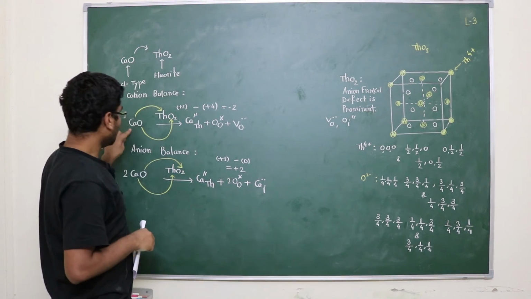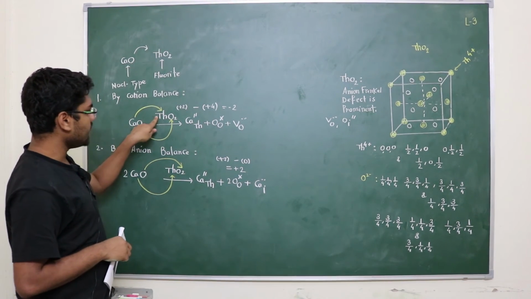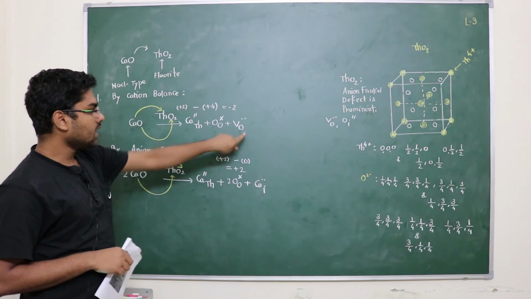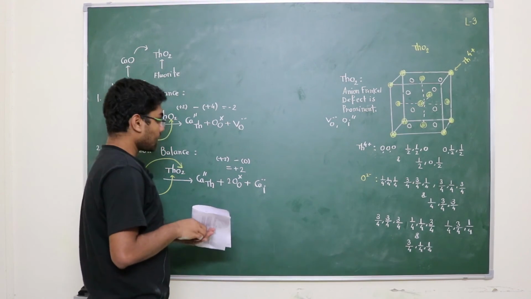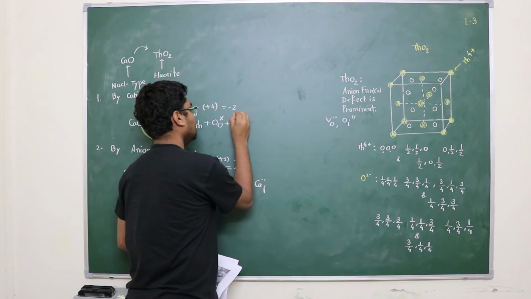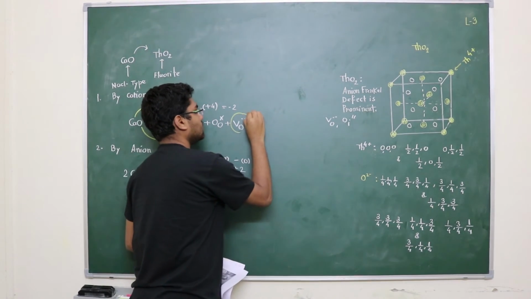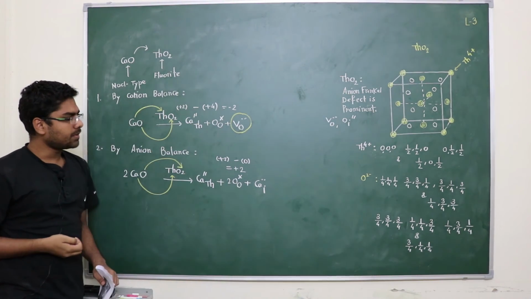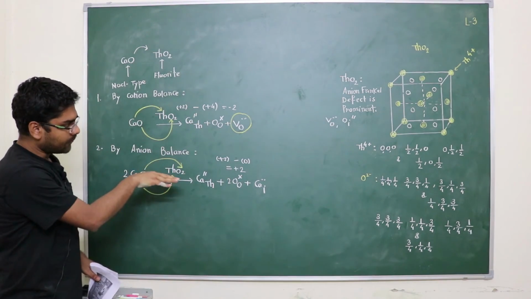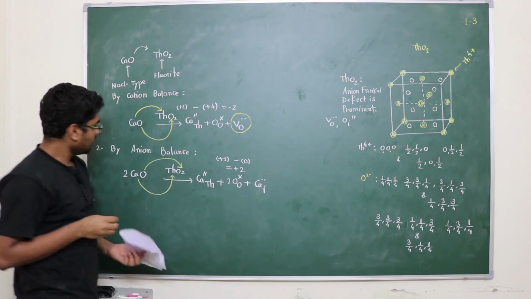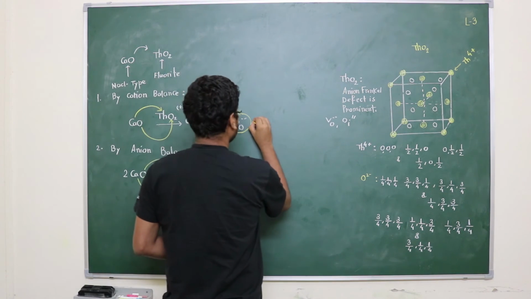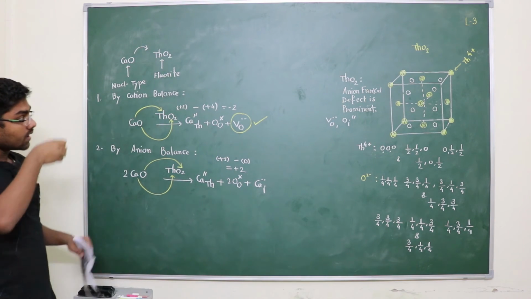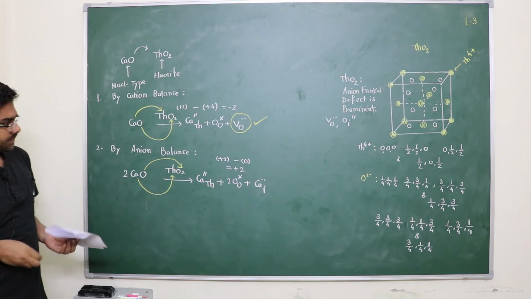So after the doping of CaO in TiO2, we are seeing that vacancy of oxygen is being created, right? So depending on the crystal structure of TiO2, up to this level, we can say that this defect reaction predominantly occurs in this material.